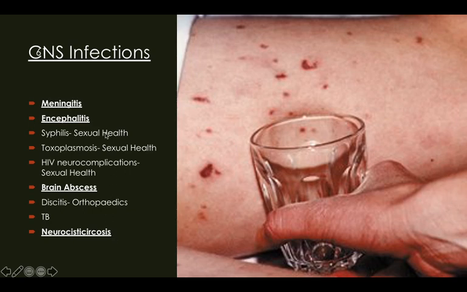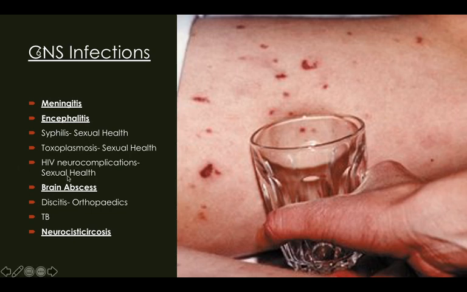Some of the others I haven't included, but where you may want to have a look into depending on the module, so neurosyphilis under the sexual health, toxoplasmosis, and how that may need to be differentiated from a cerebral lymphoma in those with HIV.